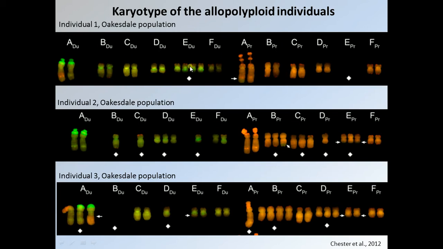So for example here, if we take the chromosome E, you see that for one species genome in the allopolyploid you have 4 chromosomes, while for the other species genome all the chromosomes are lost. Another problem is what you have at the arrow here, you have some green here and some orange there.